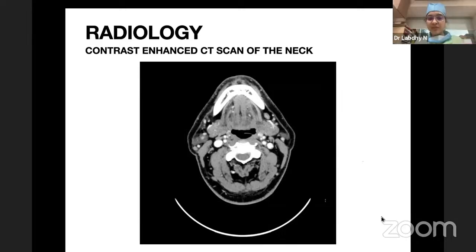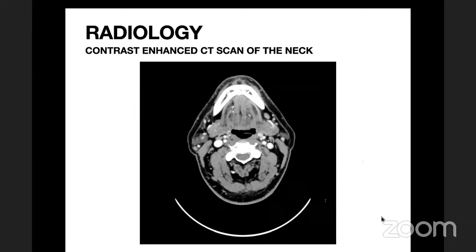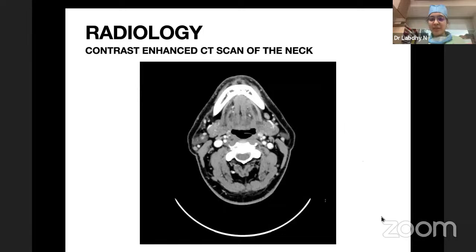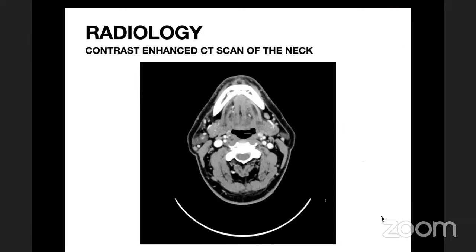What is the final stage of this tumor? This is a T4A N0 carcinoma right glottis. Any other questions from anybody, or should we go with management? So you got the images, you got the staging. What is your next step? Sir, I would like a biopsy in this patient to establish the diagnosis. Okay, how will you do that?